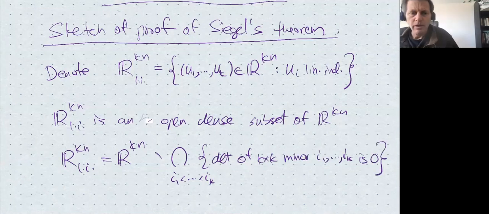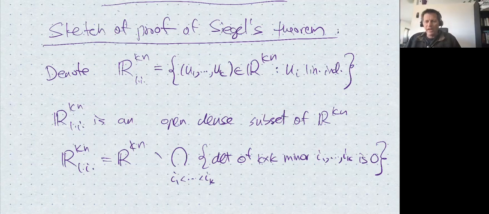If they're not linearly independent, that means the rank of this matrix is less than k, which means that the determinants of all the minors of size k vanish. The vanishing of a minor is clearly giving you an open dense condition. So this is an intersection of finitely many open dense subsets, and so it's open and dense.